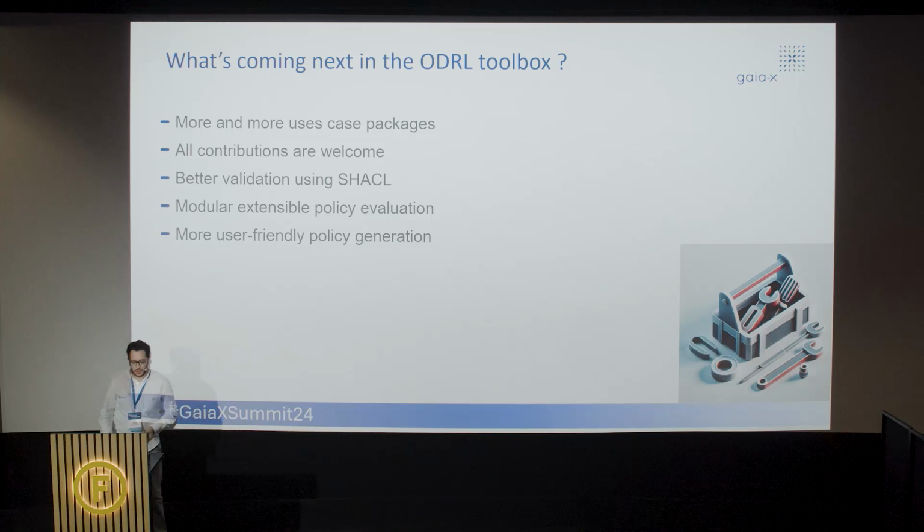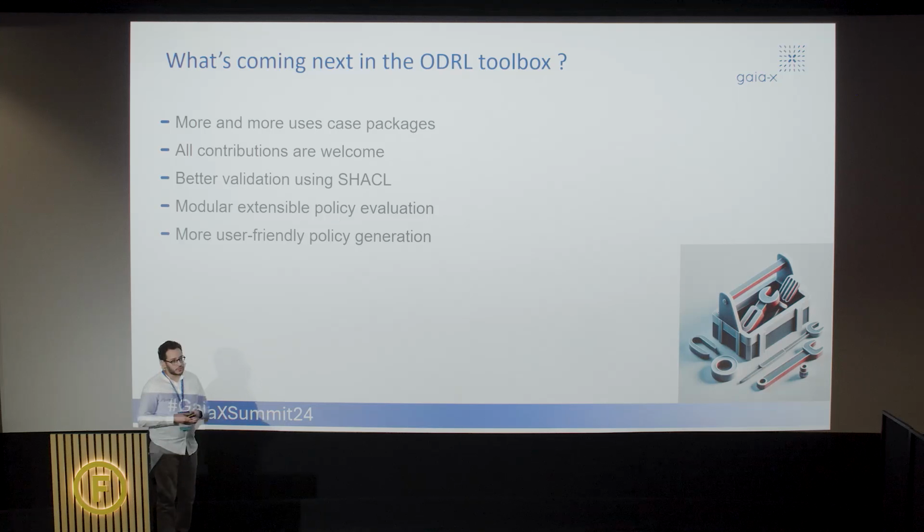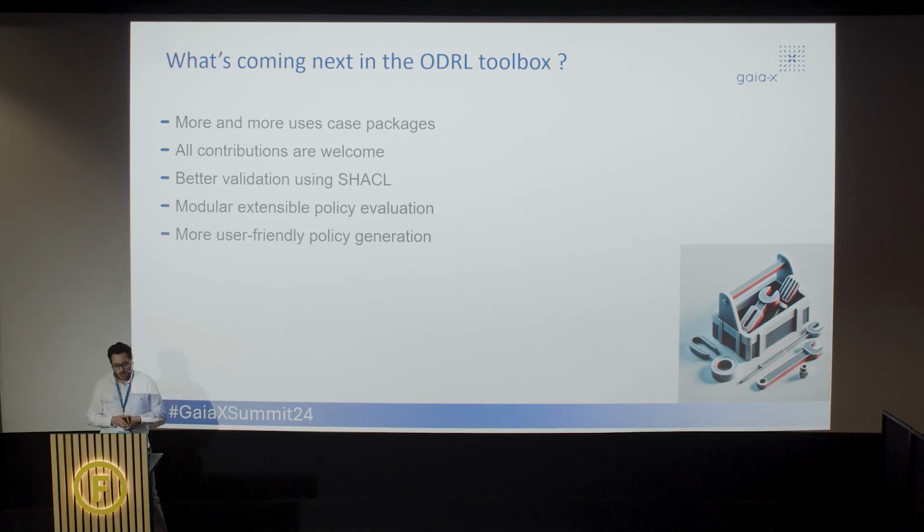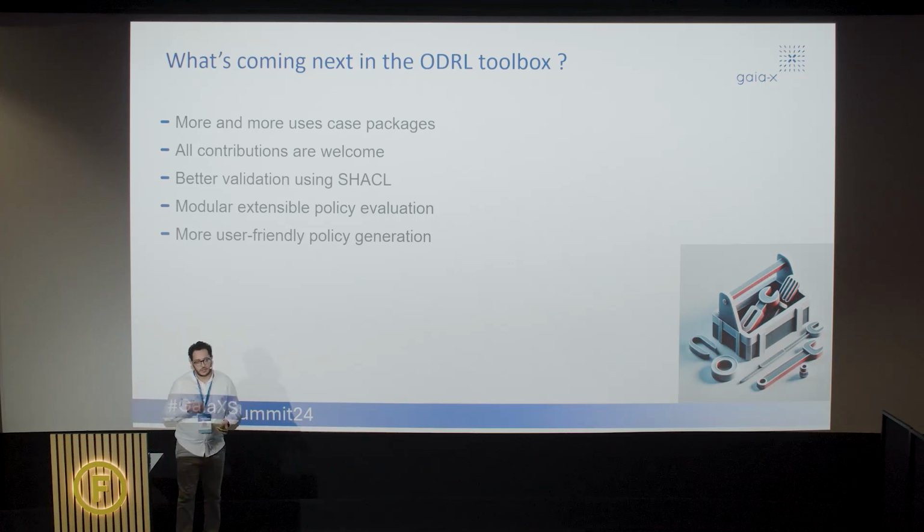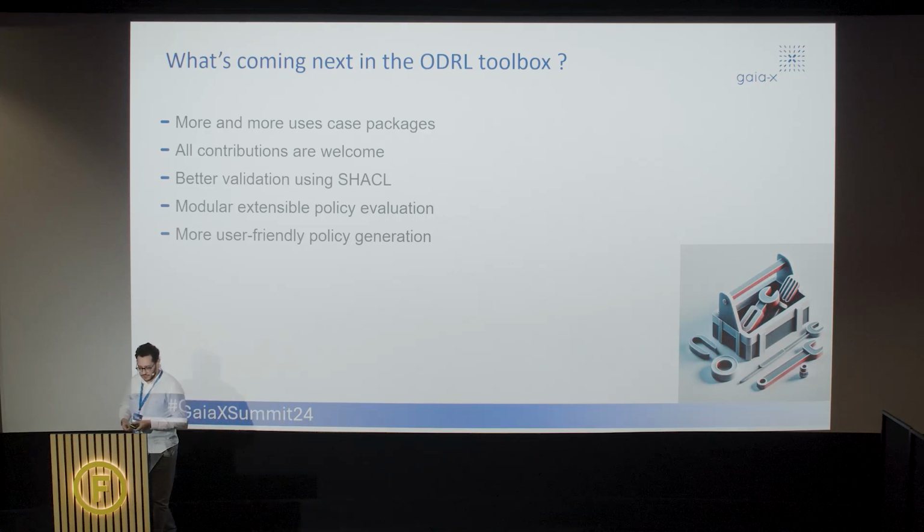So what's coming? The most important thing, like I said, is to have more and more use cases and add them little by little. Of course, all contributions are welcome. All the code is open source. Also working afterwards on a better validation using SHACL, having an extensible policy evaluation that would be able to validate those tests and start adding little by little to cover all those use cases.